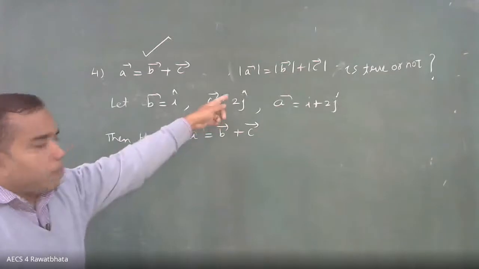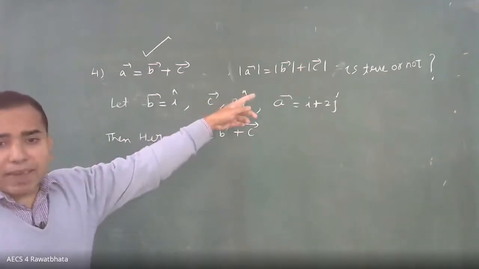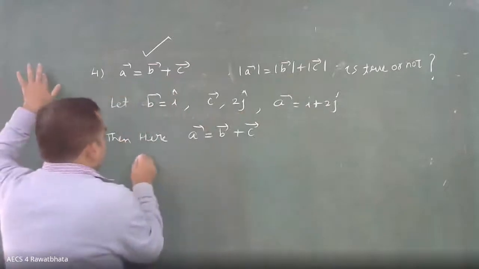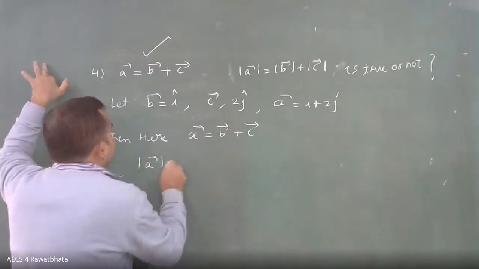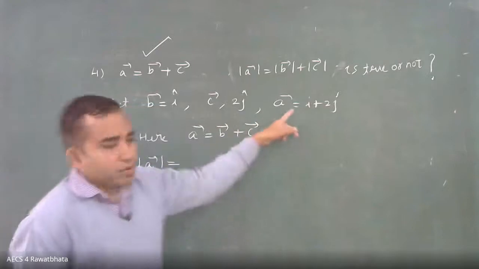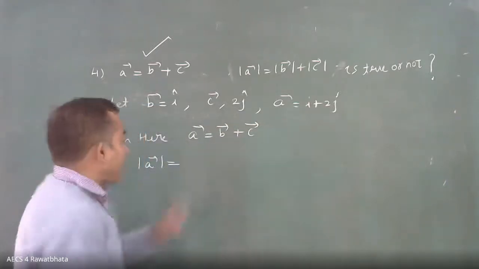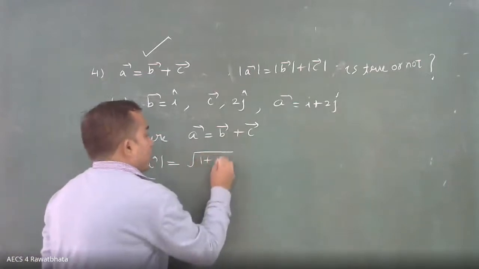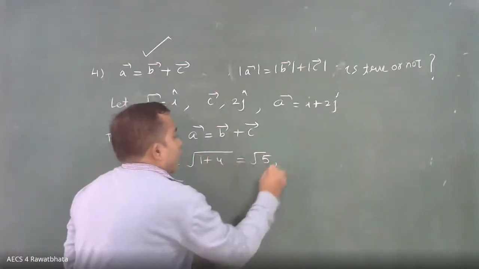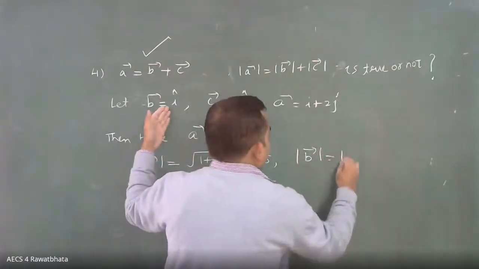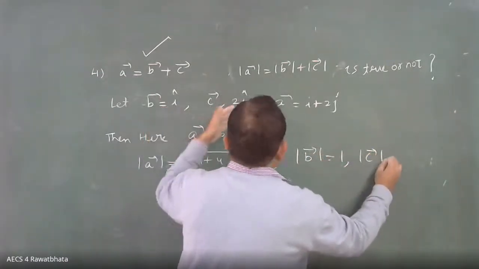But let's find the magnitudes and check whether this is happening or not. I don't think this will happen. Let us find out the magnitude. How much is the magnitude of A here? Root 5. Magnitude of B is simply 1 and magnitude of C is 2.